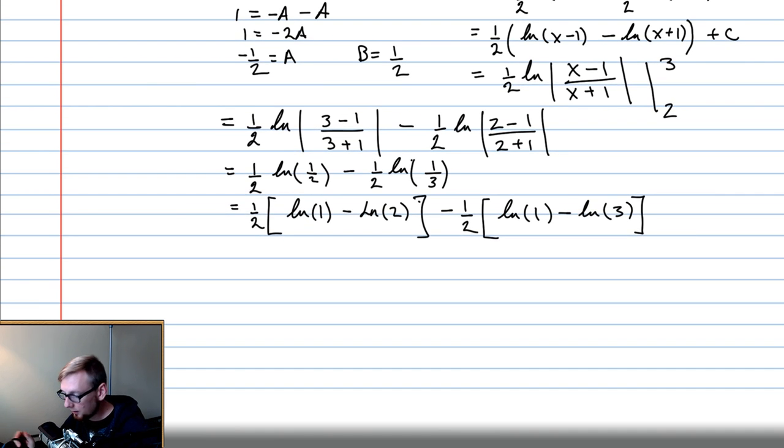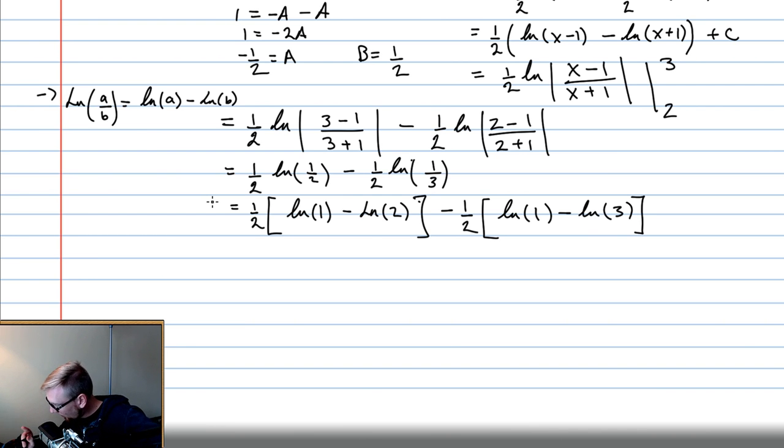Because we're using the logarithm rules. Log of a over b equals, I'll just say, ln of a minus ln of b. We also notice that ln of 1 is 0, because e to the 0 is 1.